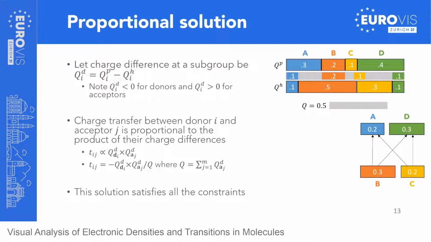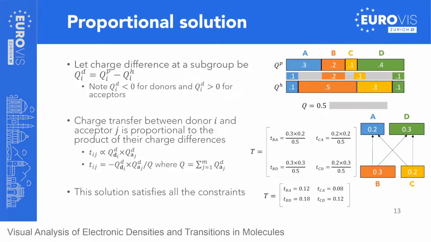On the whole orbital, we have excess charge on groups B and C. Now, to determine the charge transfer from B to A, we can use the proportional charge transfer approach, which is defined as take the product and normalize it with the total charge.